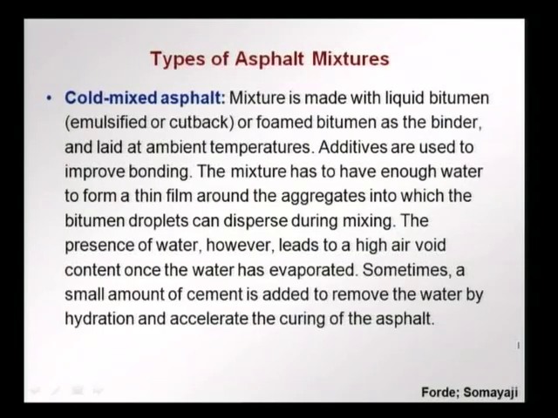So, the big advantage of cold mix asphalt is that it can be mixed and laid at ambient temperatures. Additives are very commonly used to improve the bonding between the asphalt and the aggregates, because we do not have the high temperature like we had in the case of the hot mix asphalt that facilitated this bonding.